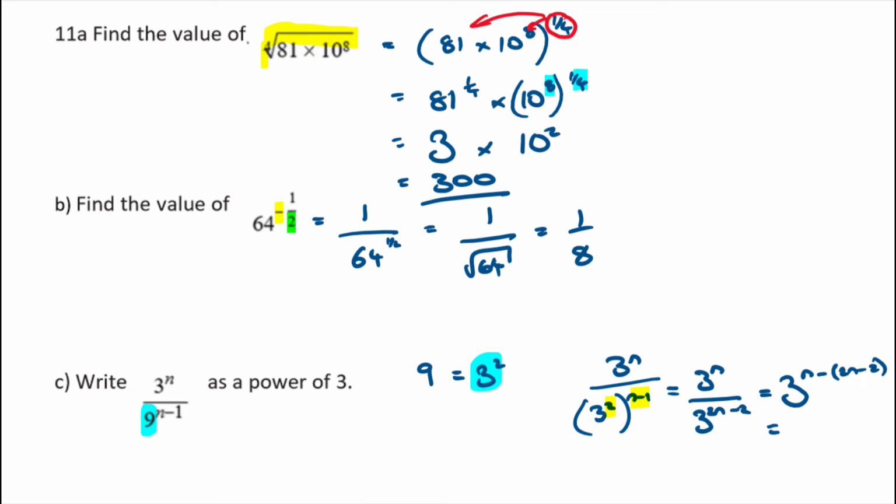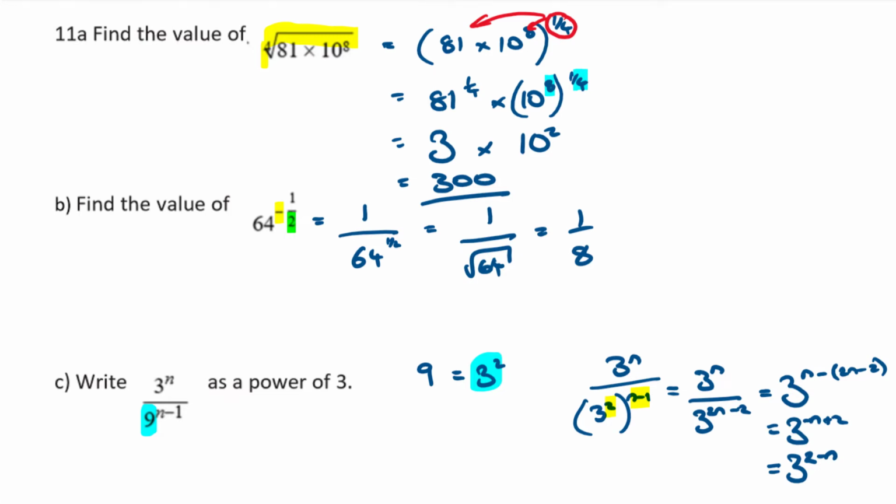Removing the brackets, I'm going to get n minus 2n, which is minus n, and then negative minus 2, or take away minus 2, that is plus 2, isn't it? So I've got minus n plus 2, which I might just write the other way around, 2 minus n. So as a single power, it's going to be 3 to the power of 2 minus n.